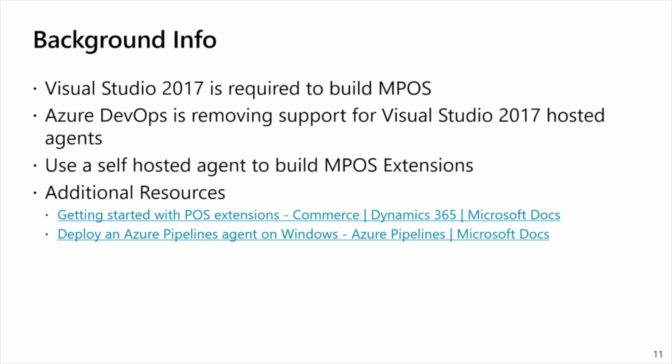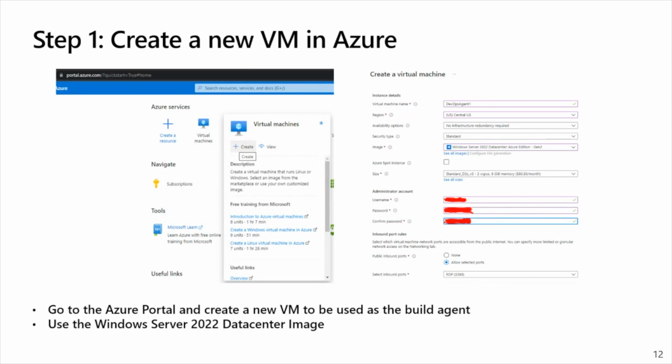And so these are the simple steps that I'll walk through next on how to create that custom agent. These steps will only be required if you're building MPOS customizations. CloudPOS or any of the rest of the Commerce SDK components wouldn't require this custom VM.